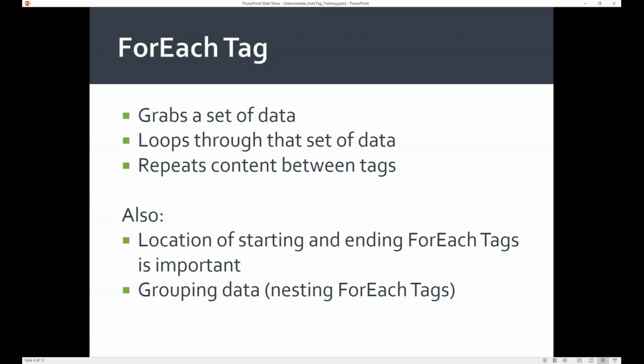And third, it repeats all the elements between the beginning and ending ForEach tags. For today, I'll show you the importance of where to place those beginning and ending ForEach tags and show you the results of placing those tags in different ways. We'll also get into grouping data or nesting ForEach tags, and I'll show you how to group your data with nested ForEach tags.